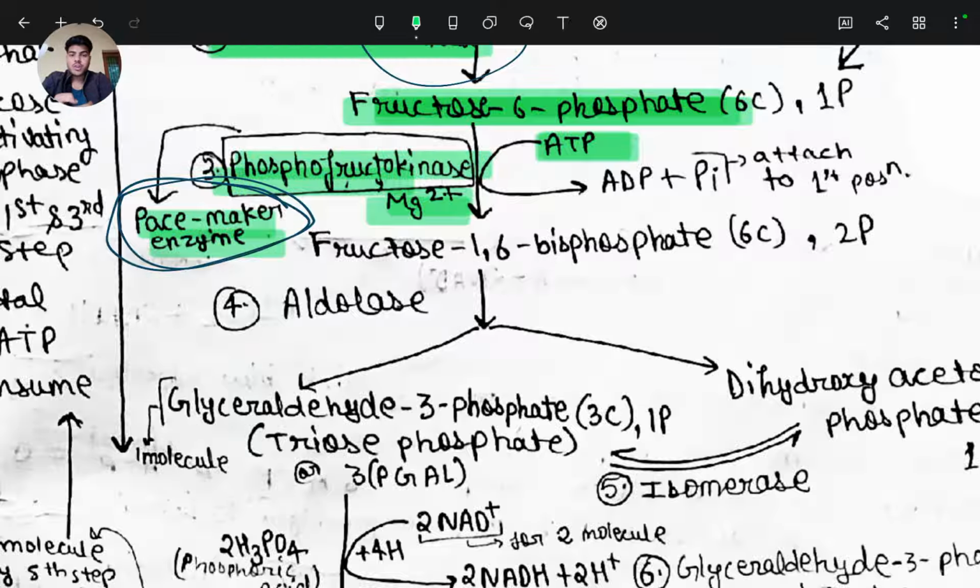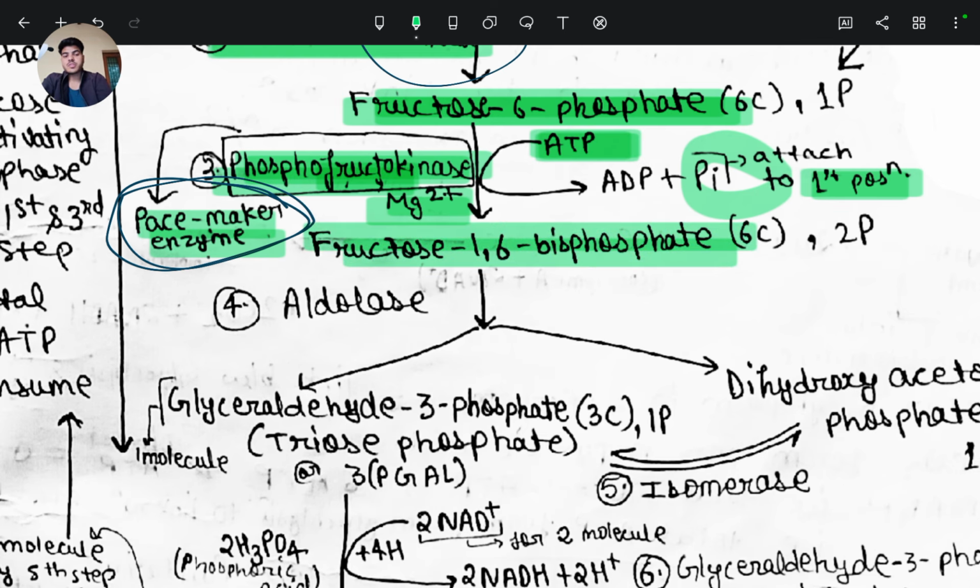So fructose 6 phosphate uses 1 ATP in presence of phosphofructokinase, and this inorganic phosphate attaches to the first position of this molecule and forms fructose 1,6 bisphosphate, which has 6 carbon and 2 phosphates.